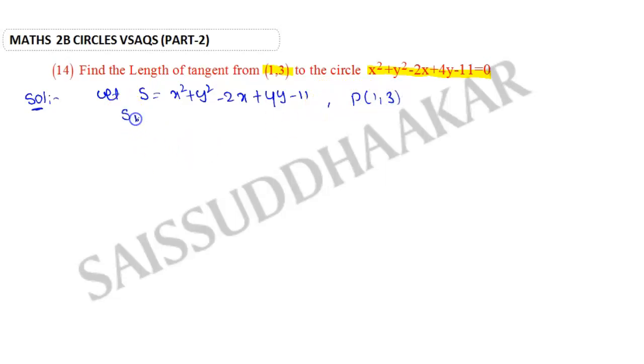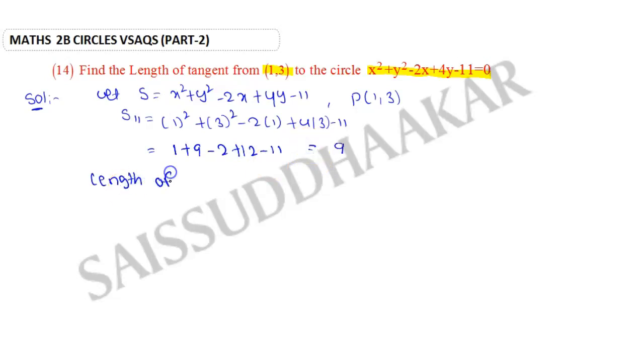Now S11 = 1² + 3² - 2 into 1 + 4 into 3 - 11. So 1 plus 9 minus 2 plus 12 minus 11, this equals 9. Here the length of the tangent is equal to root S11, which is root 9, that is equal to 3.